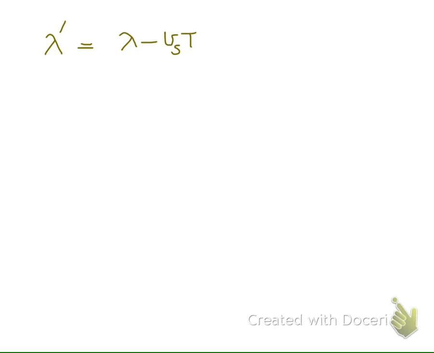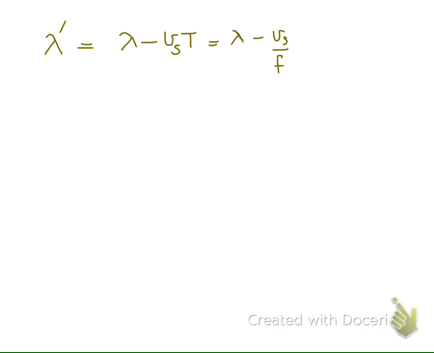This is equal to lambda minus Vs over f, where f is the frequency of the sound wave at the source. I mean the source generates the sound wave with this frequency.